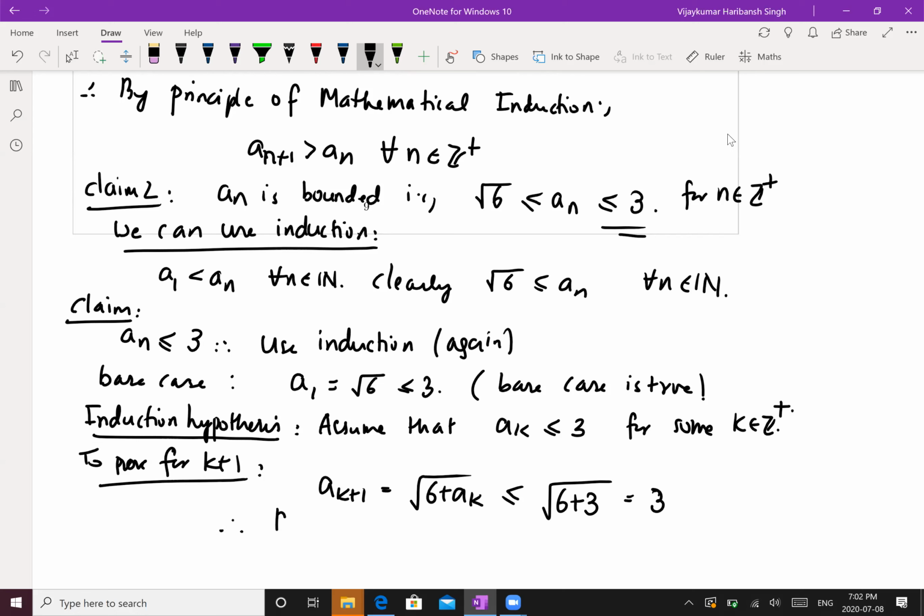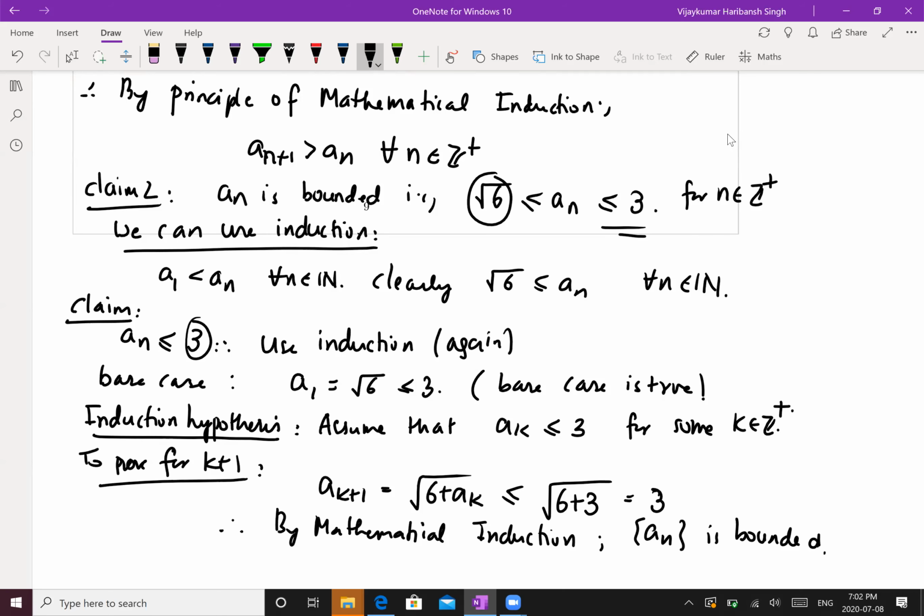Therefore, by mathematical induction, a_n is bounded, bounded above by 3 and below by the square root of 6.